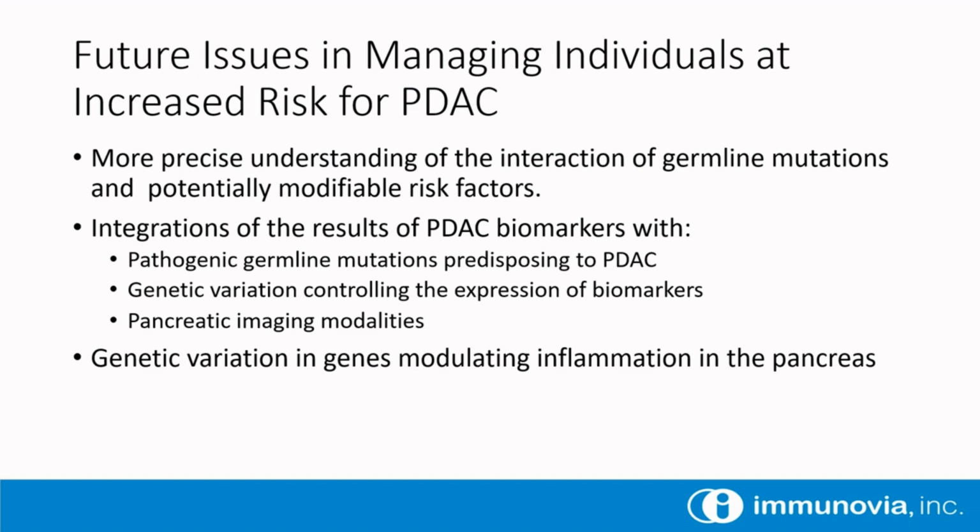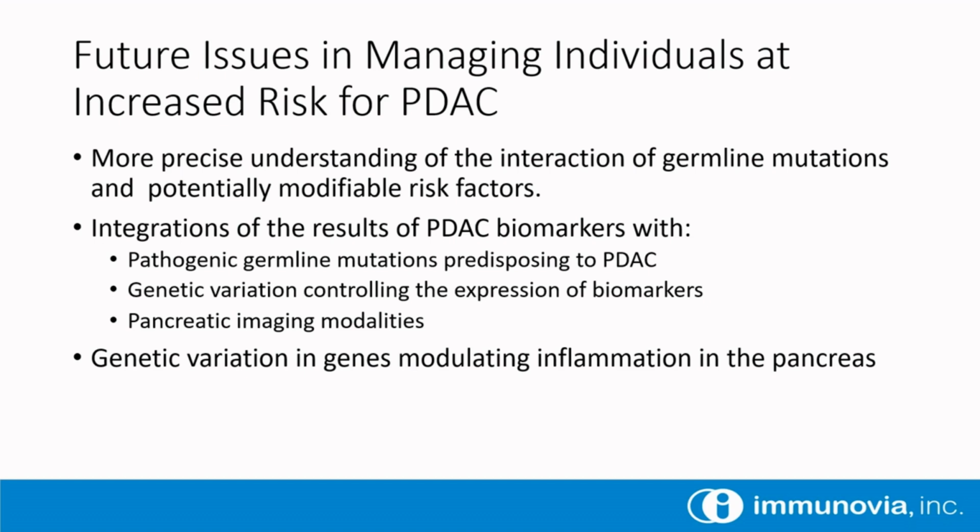Also, I think what we need to do over the next few years is learn how to integrate the results of PDAC biomarkers such as IMRAY-PanCan-D with specific pathogenic germline mutations that predispose to cancer, and understand how those work together and how we can best use this information to guide the management of patients.